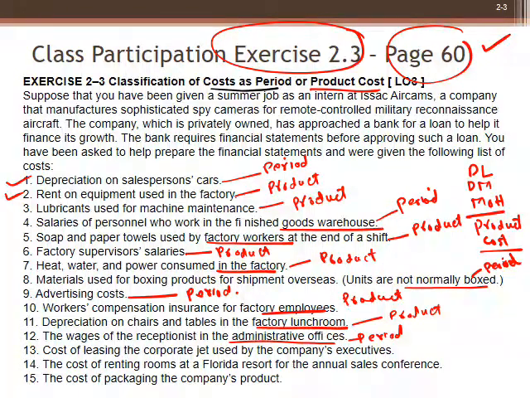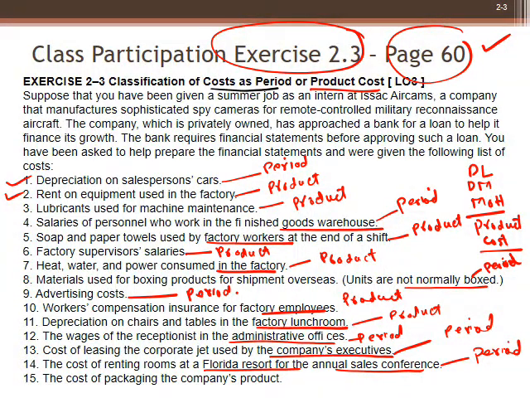Number 13, cost of leasing the corporate jet used by the company's executives, belongs to admin cost, which is period cost. The 14th, the cost of renting rooms at the Florida resort for the annual sales conference, belongs to the selling part, which is period cost.